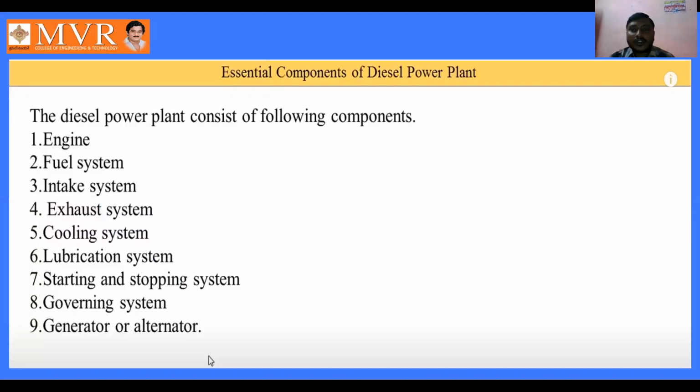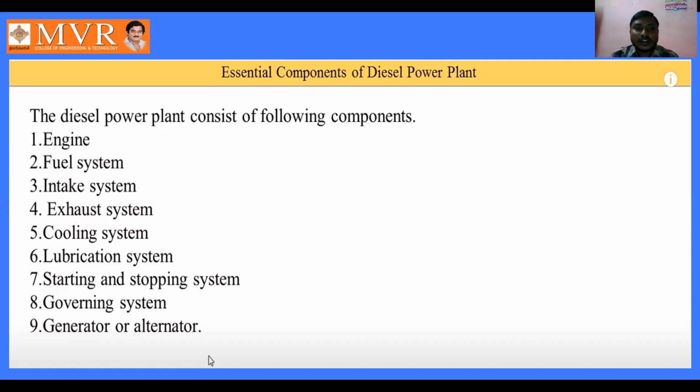See, some of the essential components of a diesel power plant, the components used for running these diesel power plants, are: first, the engine; second, fuel system; third, intake system; fourth, exhaust system; fifth, cooling system; sixth, lubrication system; seventh, starting and stopping system; eighth, governing system; and ninth, generator or alternator.